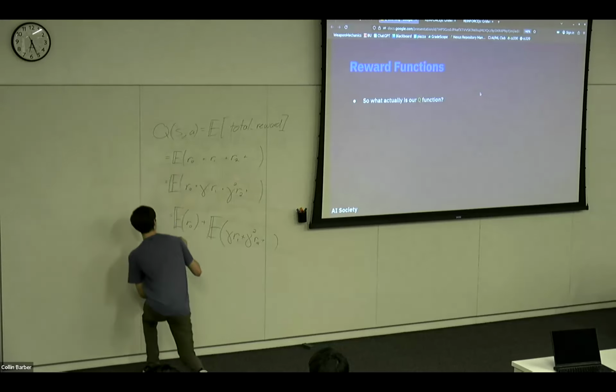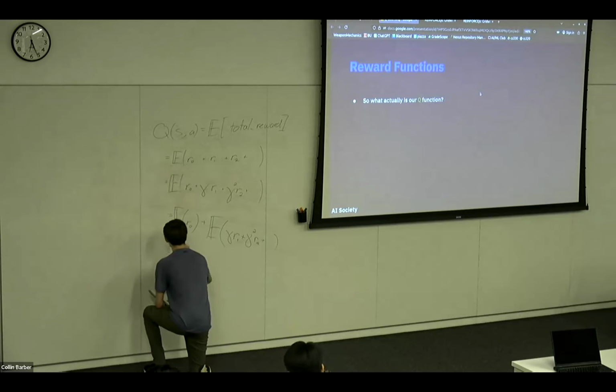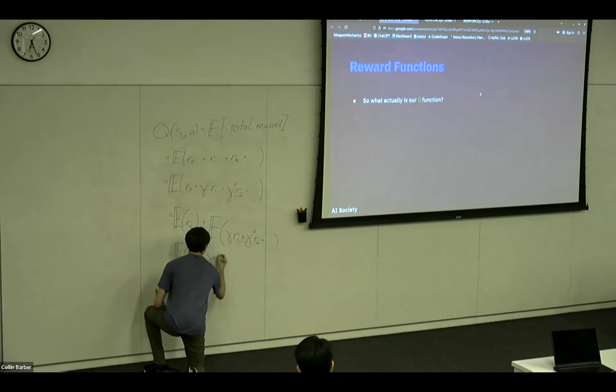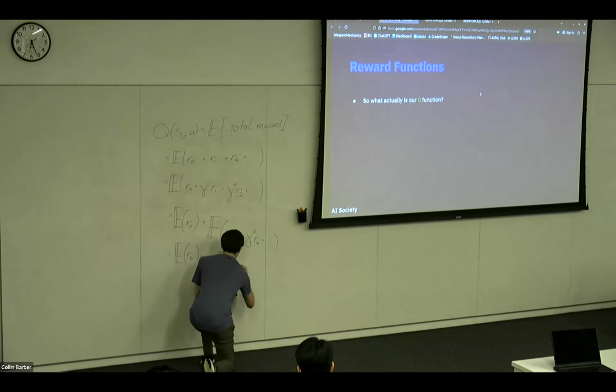Let's do that. So we end up with the expectation of our immediate reward, just like before, plus gamma times the expected value of R1, and then gamma R2, and so on.